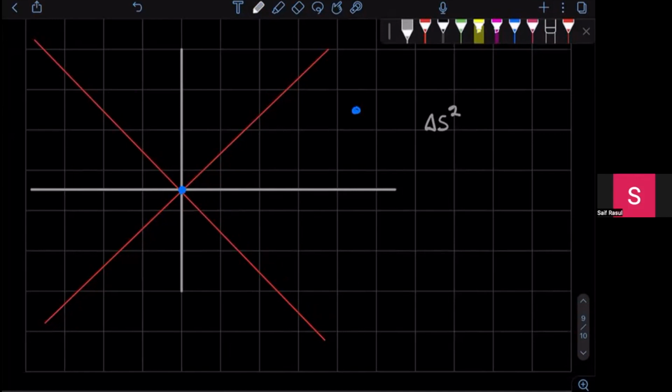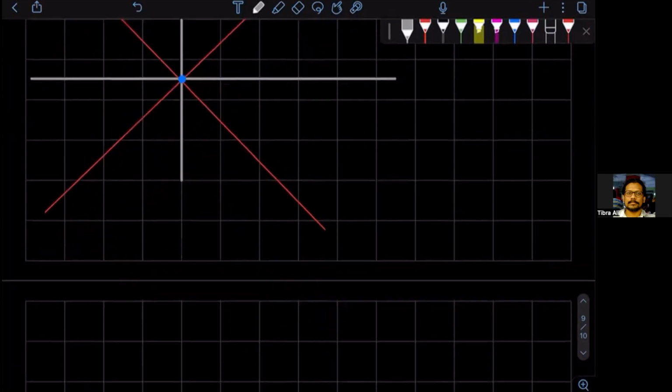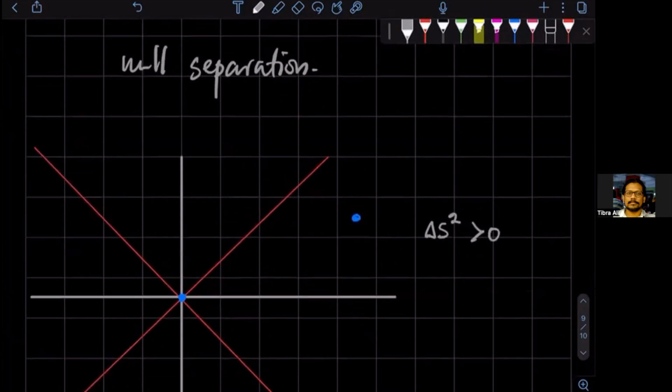Negative. Positive. Positive, right? I'm mixing up my conventions all the time. Yeah, I know. I use the weird convention, the string theory convention and the GR convention. And some people use the particle physics convention. Okay, so such separations are called space-like separations.